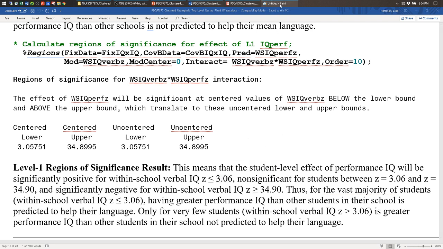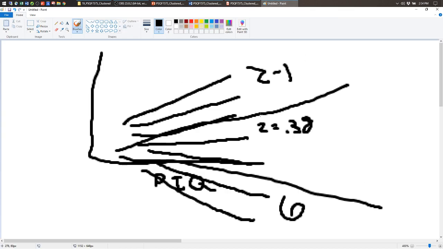If I go back to my picture here, same idea, where the cut point is 3, from 3 up to 34, it's non-significant, and it's bad for you after a Z of 34.